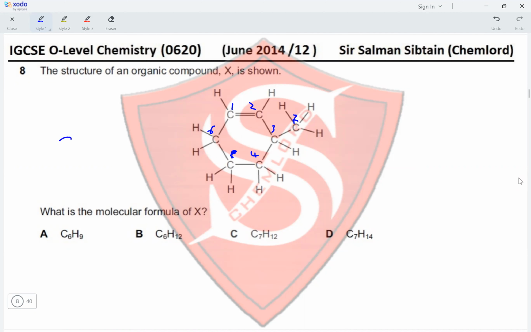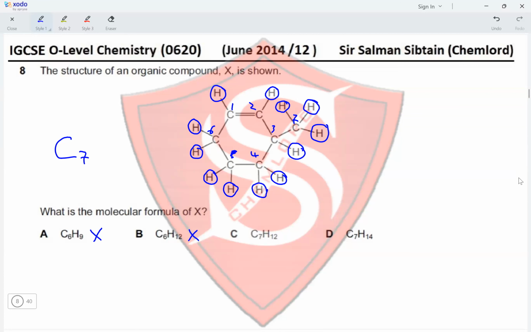So we've got C7, which eliminates options A and B. And hydrogen, we've got 1, 2, 3, 4, 5, 6, 7, 8, 9, 10, 11, and 12. So we've got 12 hydrogen, which makes option C correct and option D incorrect. Therefore, the correct option for this question is option C.